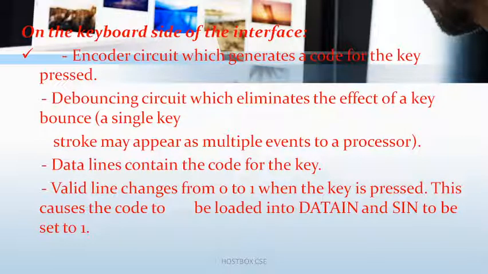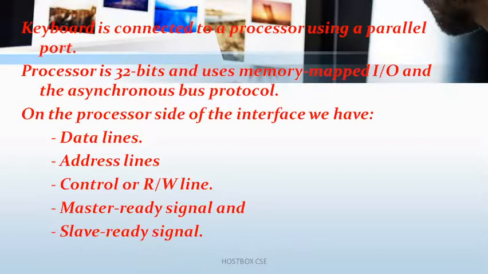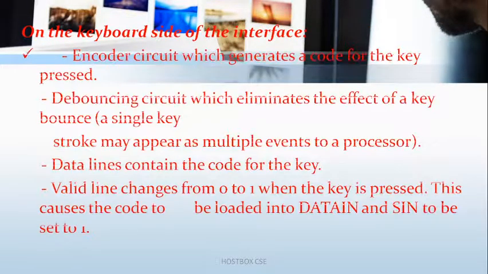At last, the valid line changes from 0 to 1 when the key is pressed. This causes the code to be loaded in the data in register and SIN to be set to 1. Remember, SIN, that is the status flag register, is equal to 1, and another condition, the SI signal is equal to 0 also. There will be a small mistake in the diagram regarding the debouncing circuit.